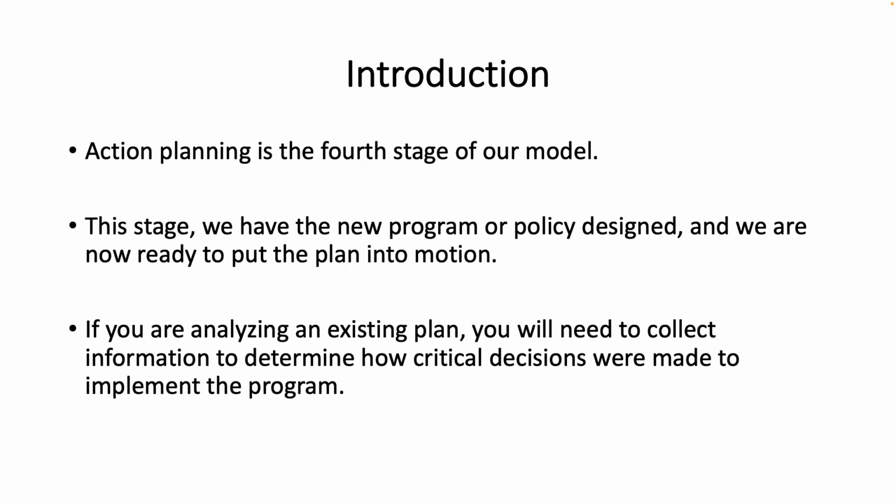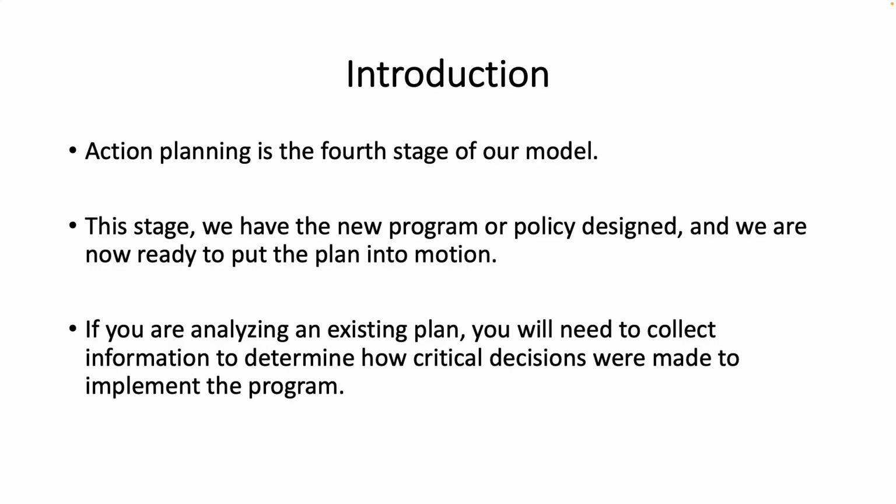But action planning, again, as I mentioned a second ago, is the fourth stage of our model that we're using for this class. And just as a refresher, the first three stages are stage one, which is problem analysis, and stage two, which is the goals and the objectives, and then stage three, which is what we finished talking about in the prior lecture, that is program or policy design.